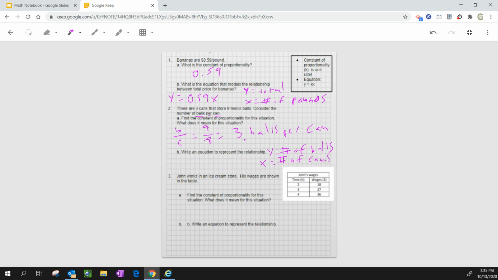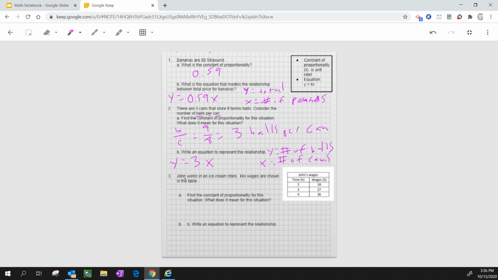So we know if you had 1 can, you'd have 3 balls. If you had 2 cans, you'd have 6 balls. If you had 3 cans, you'd have 9 balls, and so on and so forth. To represent that relationship as an equation, we say, how do I find how many balls I have altogether? I take the number of cans and multiply by the unit rate, that 3 there. So that's going to be my equation.